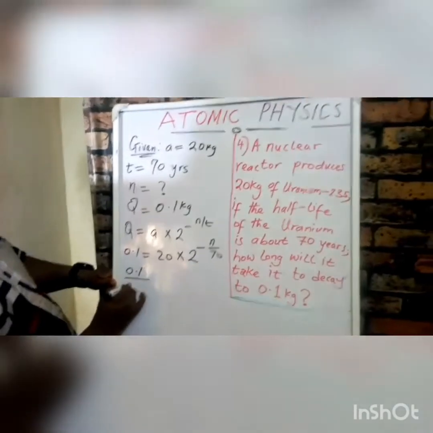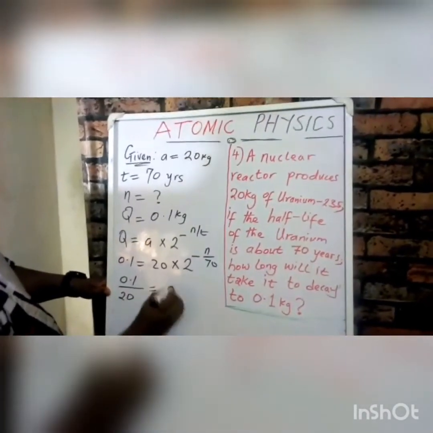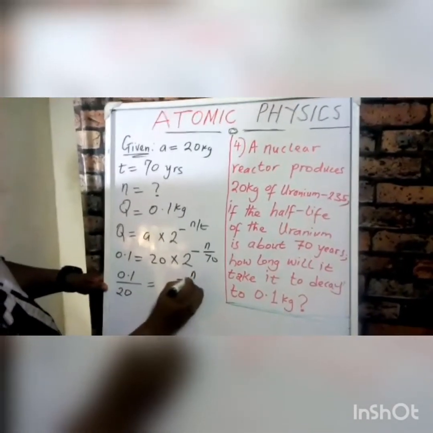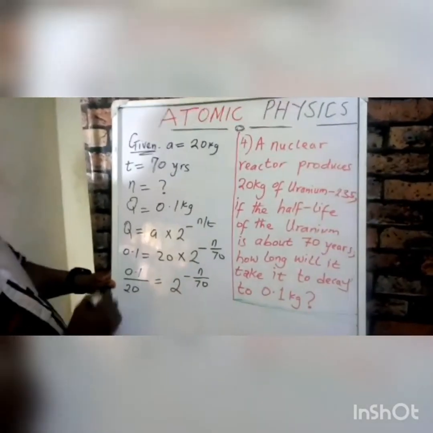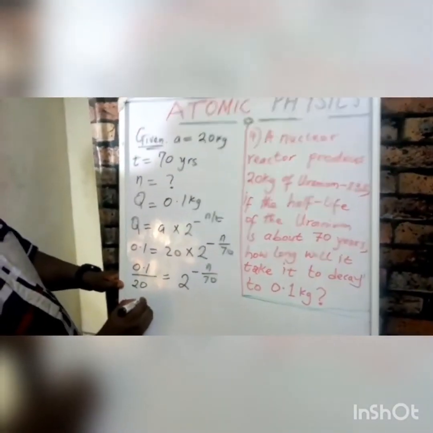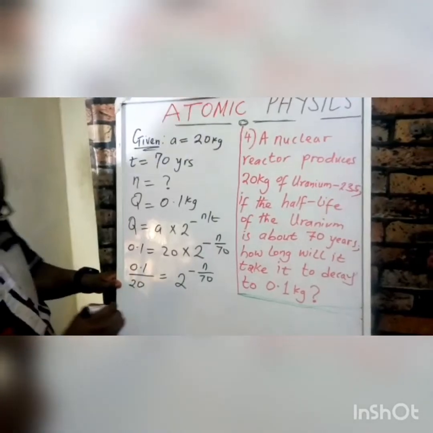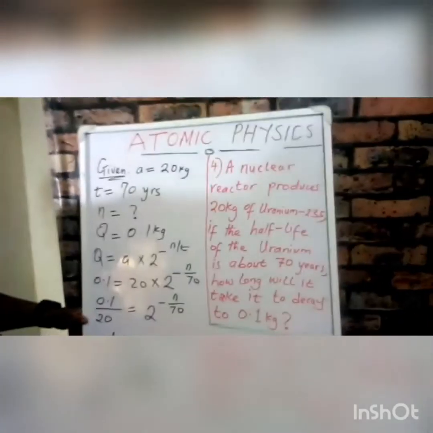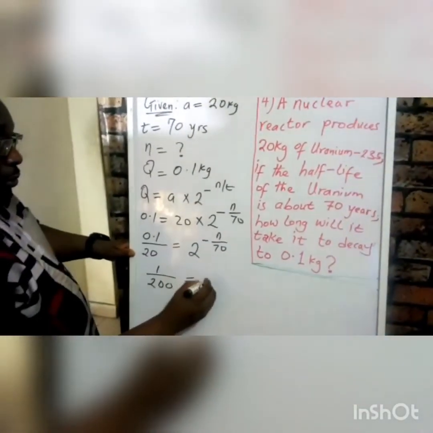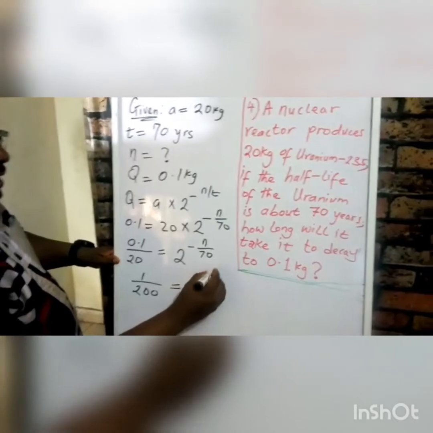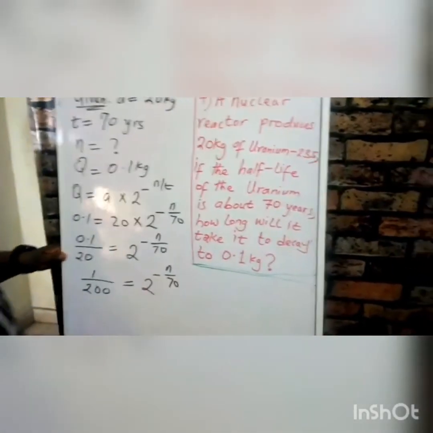0.1 divided by 20 equal to 2 raised to the power minus n over 70. 0.1 over 20 is like having 1 over 200. I can write it as 1 over 200, which is equal to 2 raised to the power minus n over 70.